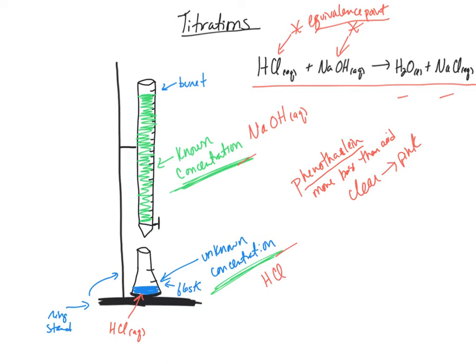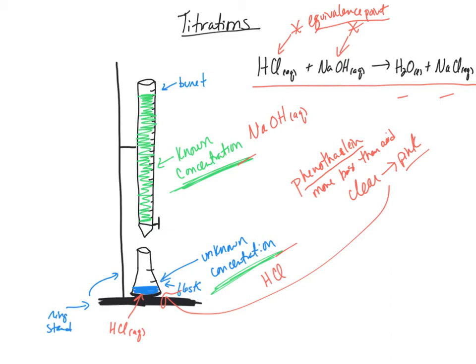So you have the same amount of HCl as you have of NaOH. So the second you have a tiny bit more NaOH than you do HCl, your reaction vessel down here goes from clear to pink. And so that's why we add this phenolphthalein, or indicator, to tell us that we've gotten to the point that we want to get to.